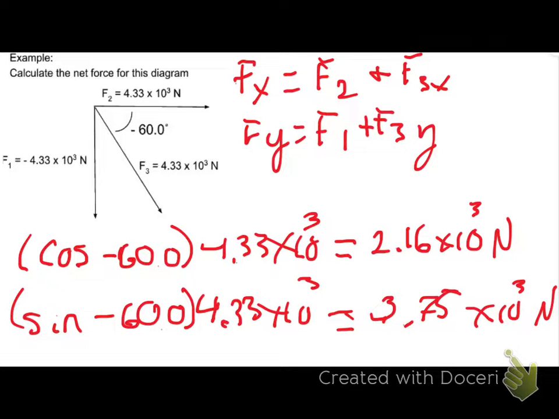The reason they made 60 degrees negative is to indicate that it's in the quadrant that's under the positive x-axis, so that just our y value would come out negative. All right, now we can take these numbers and move them up here and add them together.